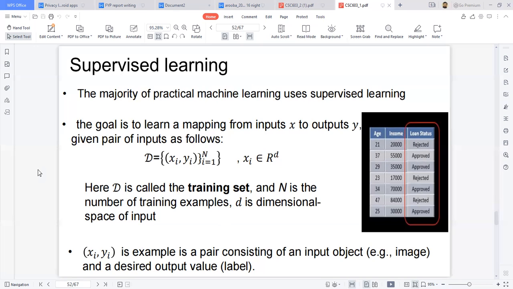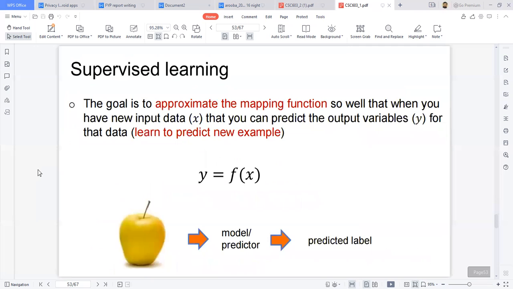Done? Okay. So the goal is to approximate the mapping function so well that when you have new input data X, you can predict the output variable Y for that data. New input data means some test data set.